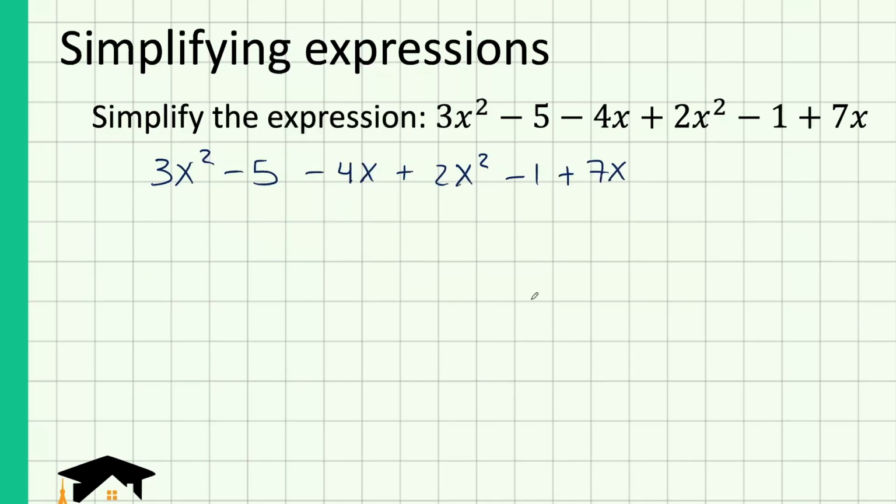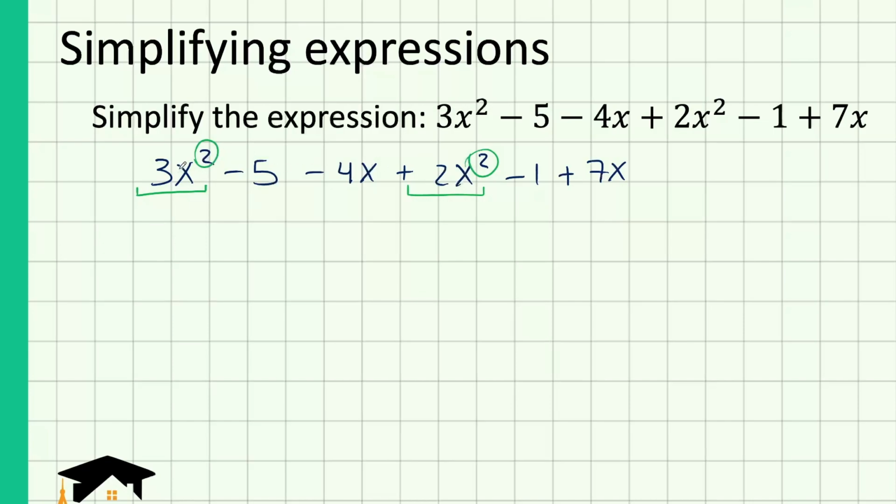Let's have a look at this other exercise. Now we don't have any parentheses, so all we have to do is add together all those things that are like terms. Let's see what like terms we have. We have 3x squared, so a number accompanied by x squared, and here we have 2x squared with the same index in x, and so these two terms are like terms.